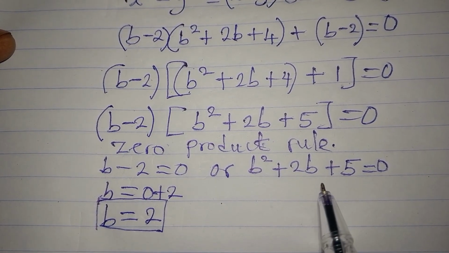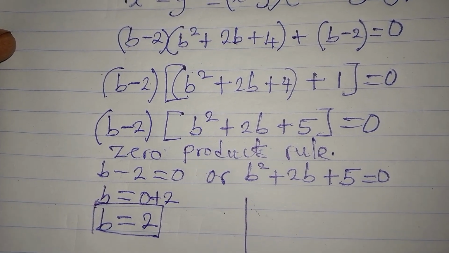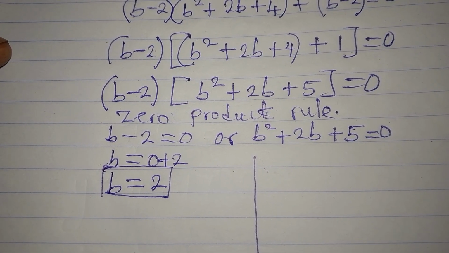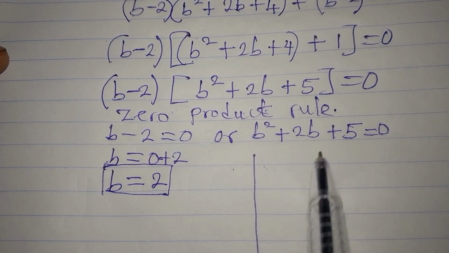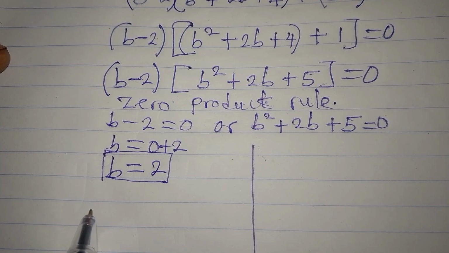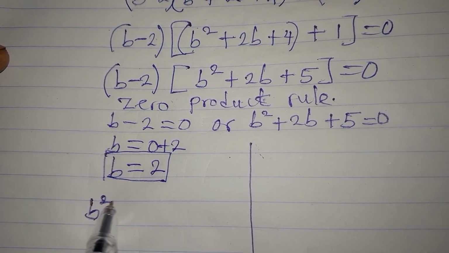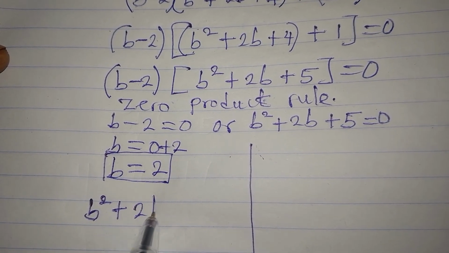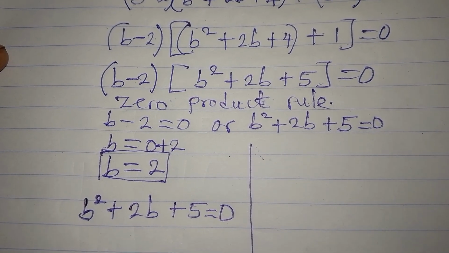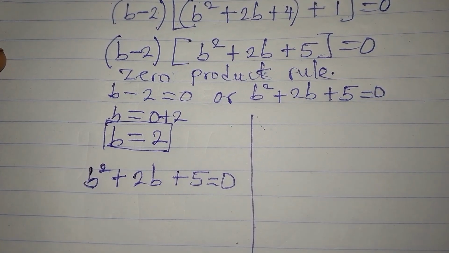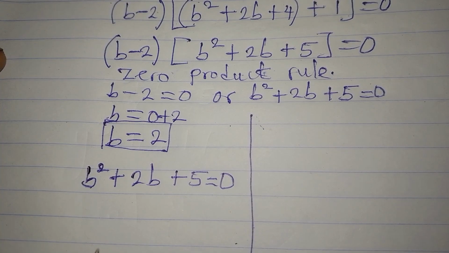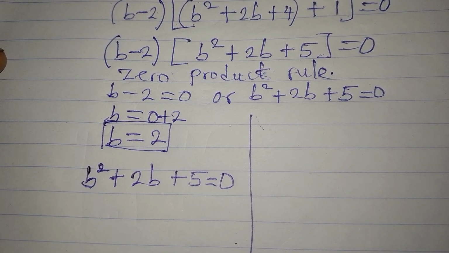If you look at this other one, you are having a quadratic equation, and every quadratic equation produces 2 solutions. So let's work on this to get our 2 values of b. Remember, the equation is b squared plus 2b plus 5 equals 0. I'm going to use the quadratic formula, and this is what I always do. I change the variable to x so that it will not be confusing.